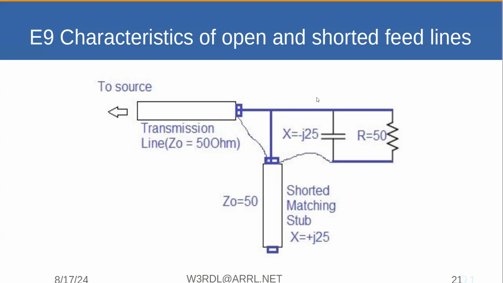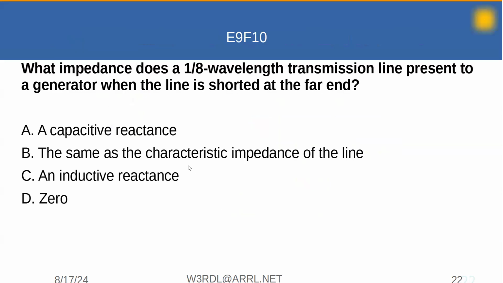This is just showing it with the stub where it's shorted. And maybe in this case, it was an eighth of a wavelength stub, I'm not sure. It was the only one I could find that sort of showed the configuration.